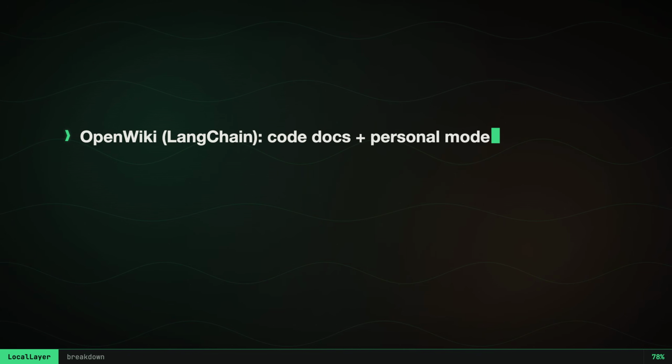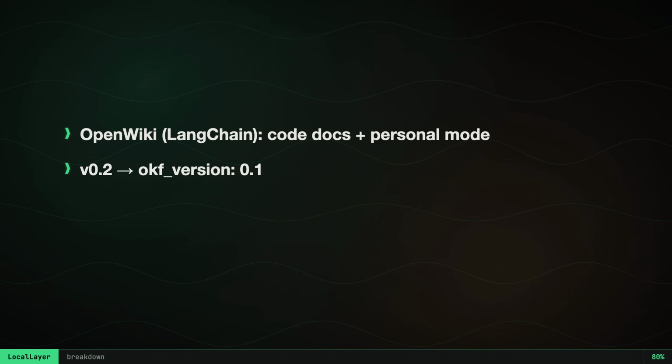One adjacent tool worth knowing. OpenWiki, from LangChain, auto-documents a codebase, or in personal mode, builds a wiki from Gmail, Notion, X, and web search. As of version 0.2, it emits OKF-formatted output: OKF version 0.1 in the root index, type front matter on every concept file.